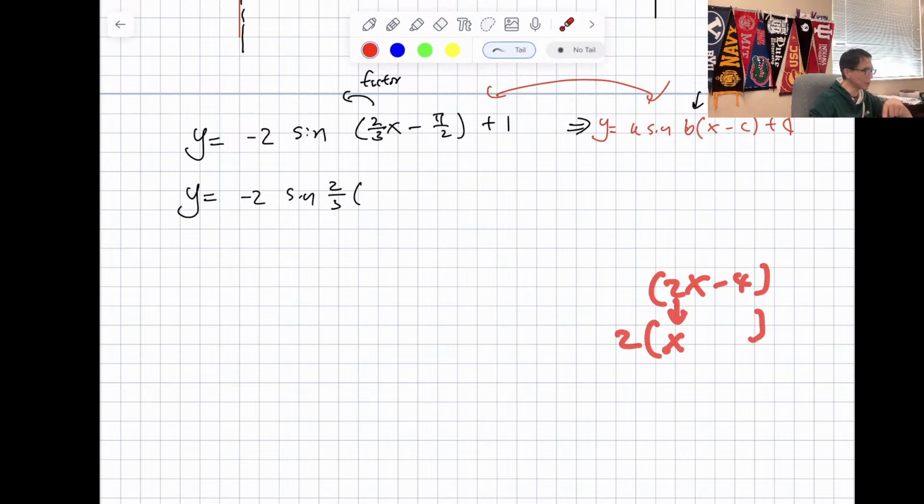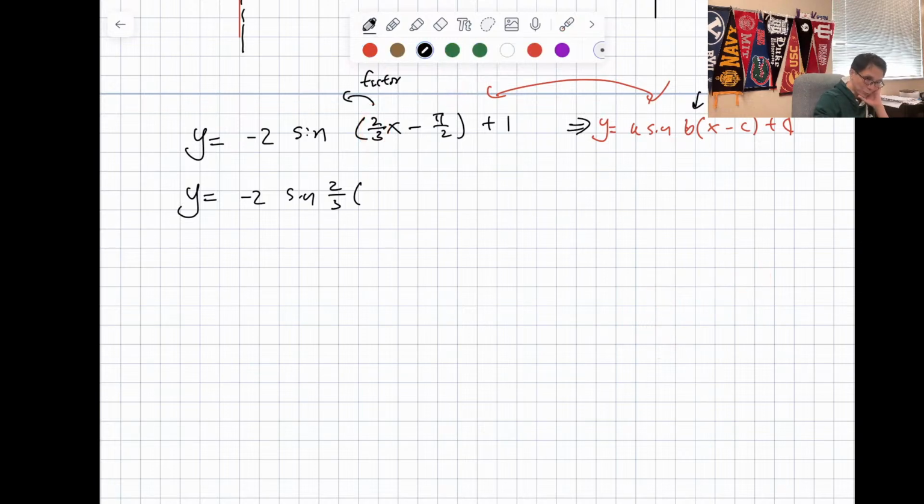So every time you factor out 2/3, what do you do to this number? Divide it. So we know this is going to be x. That's easy. So what is pi over 2 divided by 2/3? So pi over 2 times 3 over 2, right? So it'd be 3 pi over 4. So it'd be minus 3 pi over 4, and then plus 1.